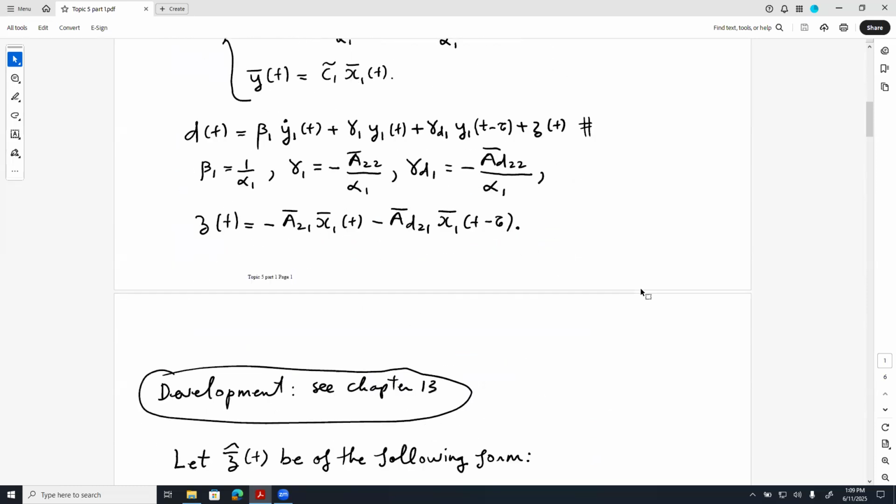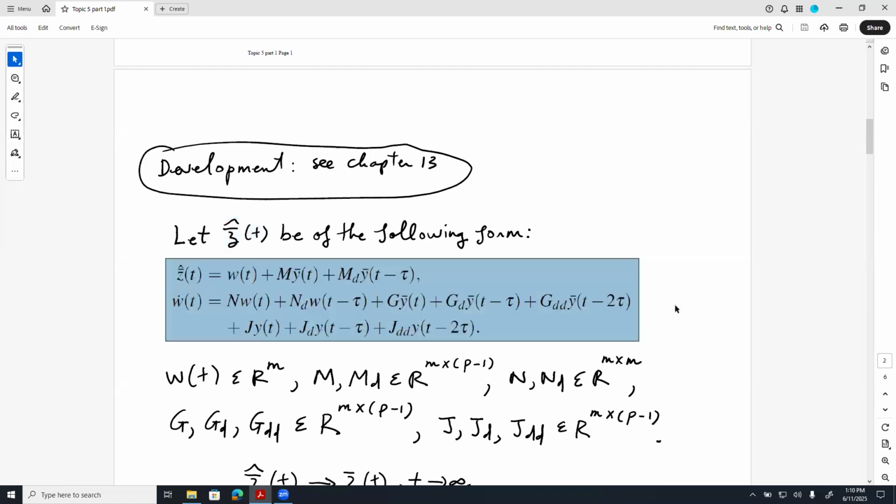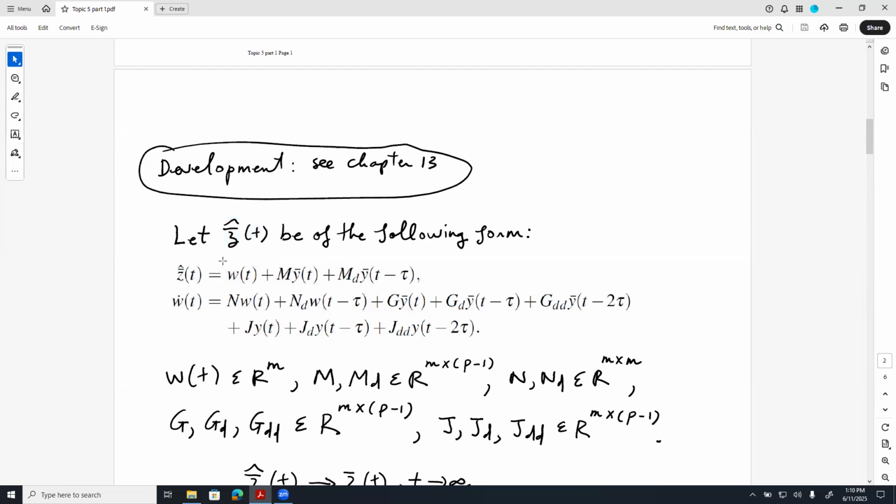Now, this is the development, and it's actually presented fully in chapter 13 in the new book. What we're going to do is propose the estimation of that generalized functional, which we call z bar hat of t, to take the following structure. When we look at this structure, omega t here is of dimension m.